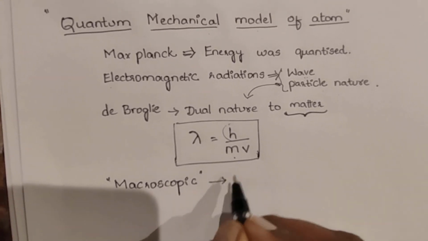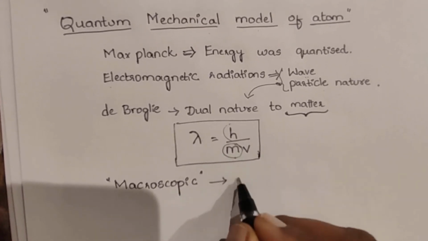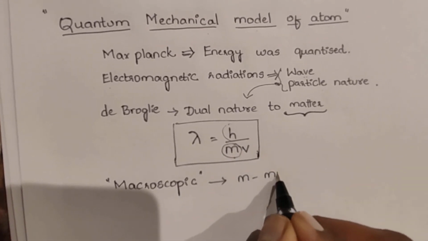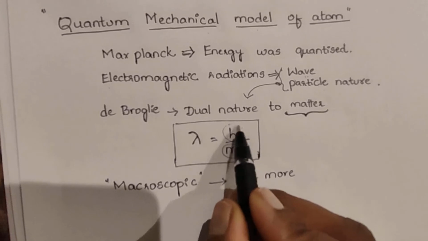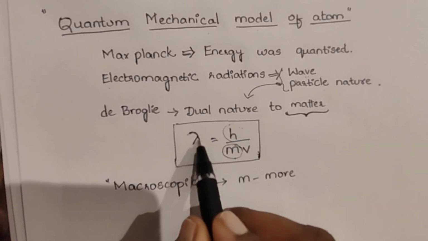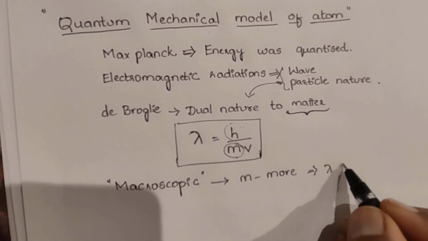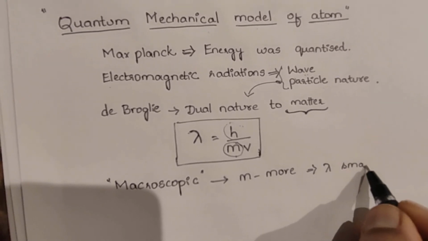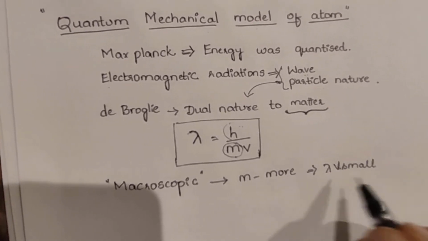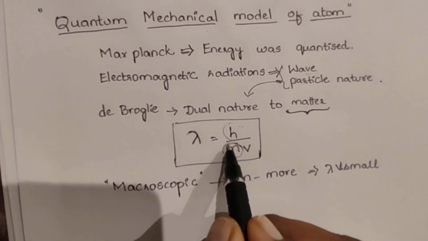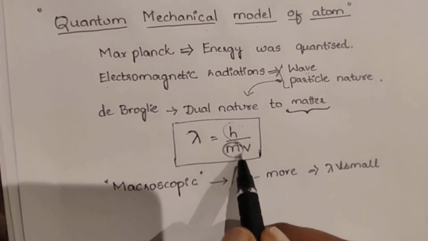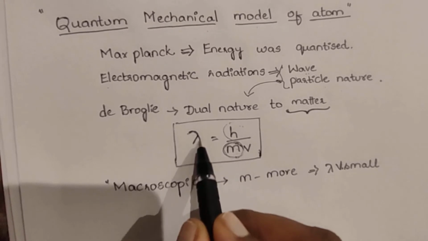or objects, the mass value is more. So automatically, if we calculate the wavelength, the value of wavelength will be very small. See, if the value in the denominator keeps increasing, then the resultant answer will be less.